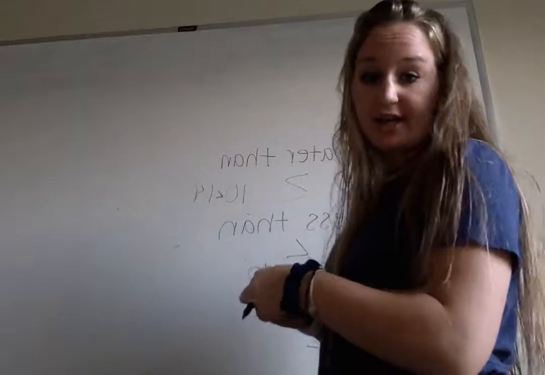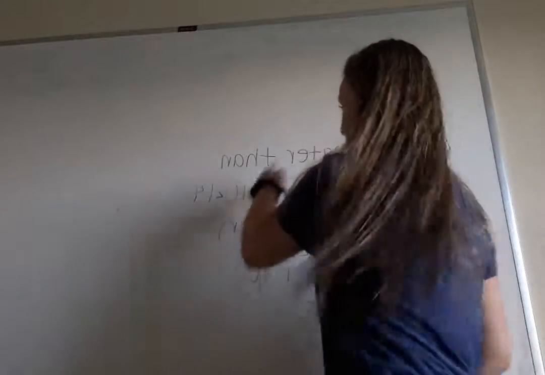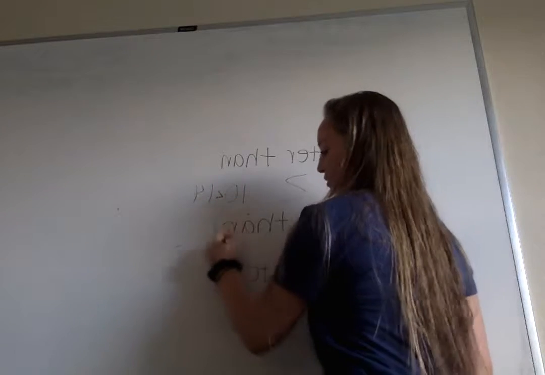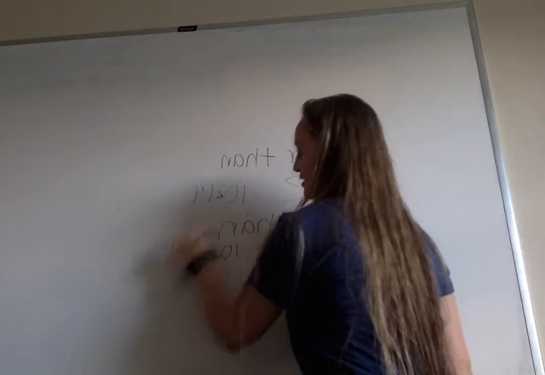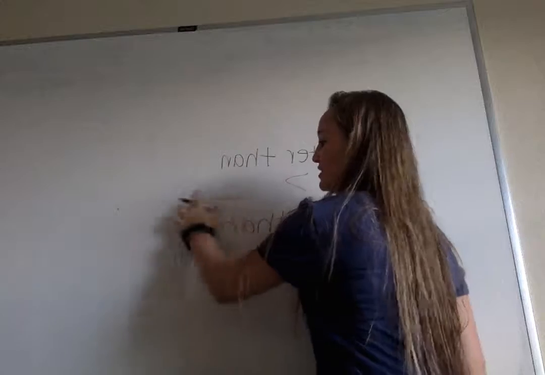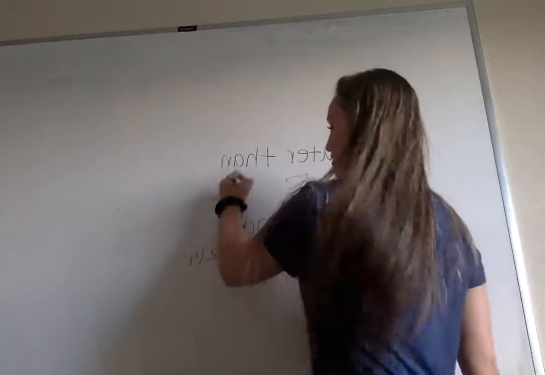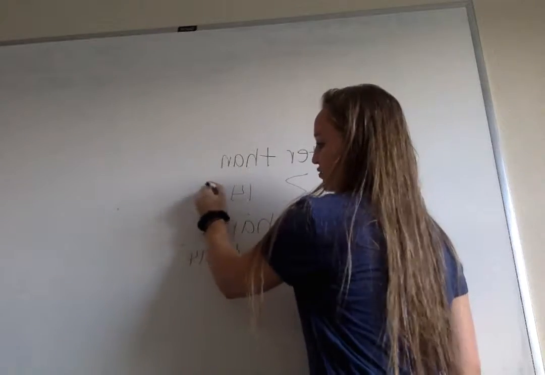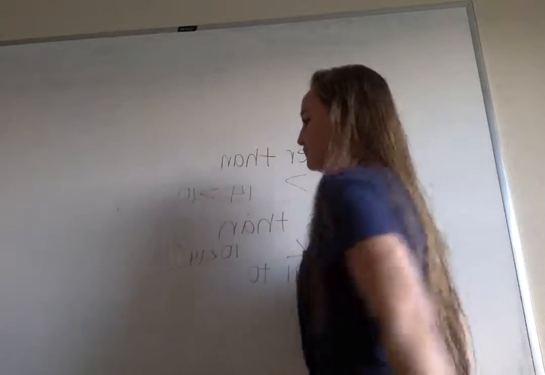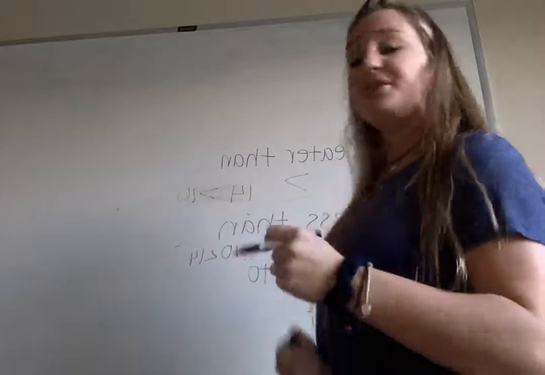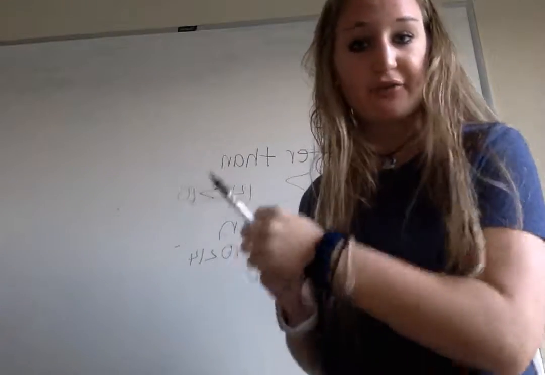If we wanted to write it as a greater than problem, here we can put 10 is less than 14, but if we wanted to write 14 is greater than 10, we could say 14 is greater than 10. Another easy way to remember this is to put the number that you're talking about first.